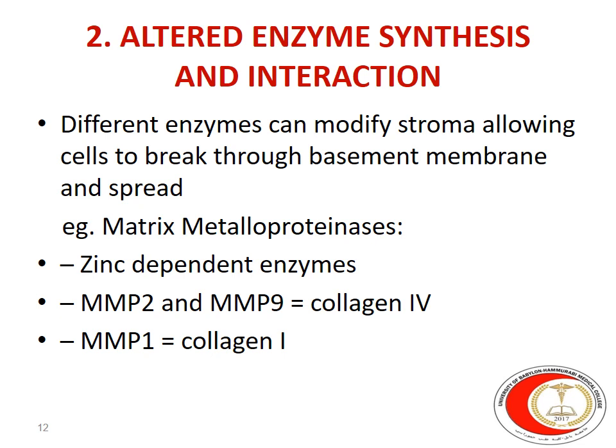These enzymes digest collagen, allowing the metastatic cell to digest the extracellular matrix and break through the basement membrane. These are zinc-dependent enzymes. We have several types like matrix metalloproteinase 2 and 9 responsible for collagen 4 digestion, and matrix metalloproteinase 1 responsible for collagen 1 digestion.